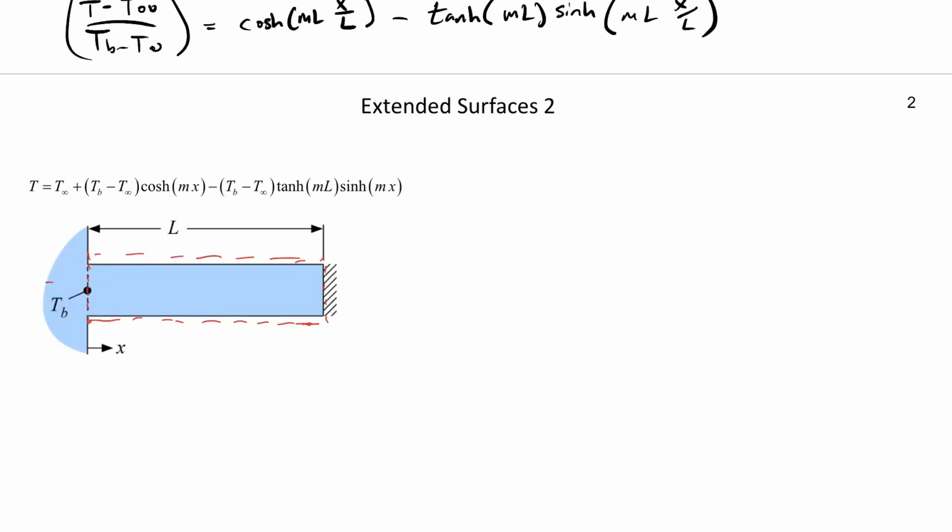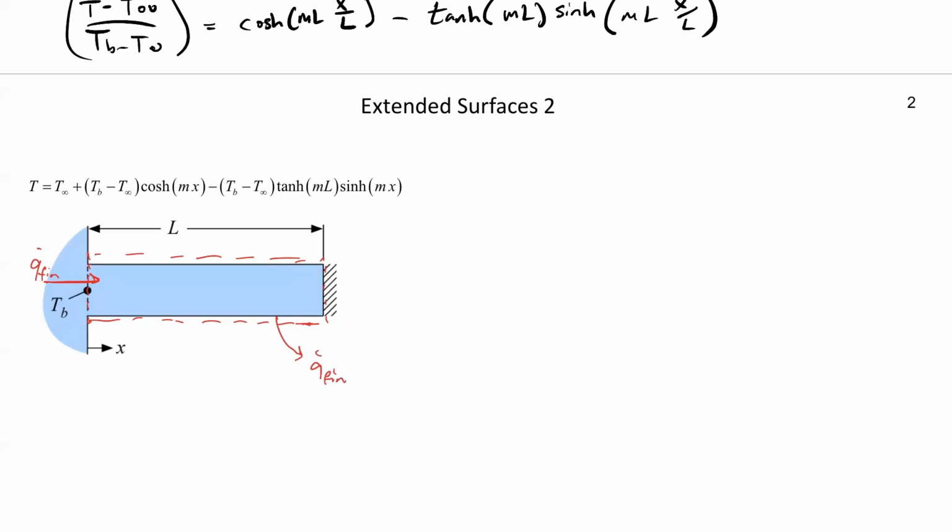One is I could look at what's going in across this boundary here, this Q dot fin, as we'll call it. I could look at that and evaluate the conduction at that boundary, and then do the calculation. The other way is, I know the temperature profile is a function of position, so I could look at my convection, Q dot fin due to convection from the entire surface, and do an integral.